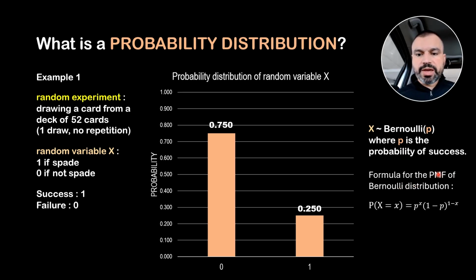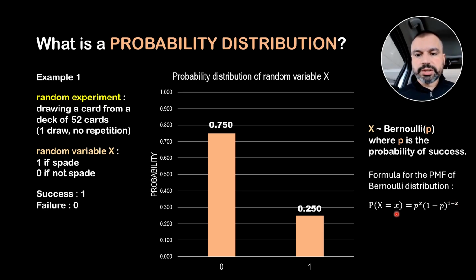So the PMF for the Bernoulli distribution looks like this, and it says that the probability of capital X, which is the random variable x, being equal to little x, which is one of its possible values, in this case 0 or 1, is equal to p, the probability of success, raised to the power of little x, times 1 minus p raised to the power of 1 minus little x.